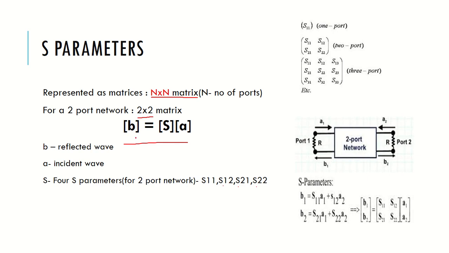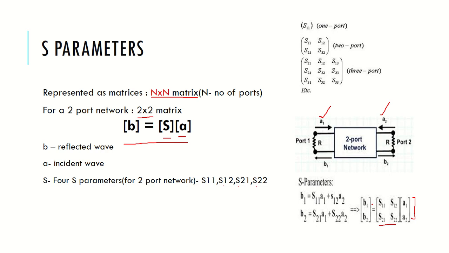So now, writing in this form of matrix, for a two-port network we have two incident waves and two reflected waves. The two reflected waves are B1 and B2. This S represents the four S parameters S11, S12, S21, S22, and A represents the two incident waves A1 and A2. So in matrix we write it as A1 and A2.